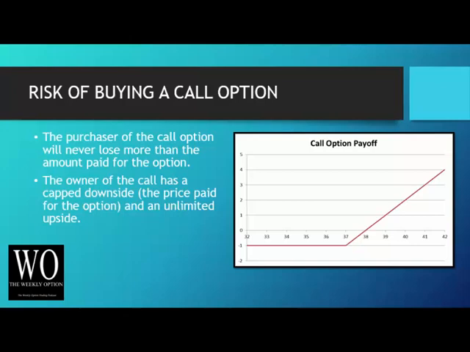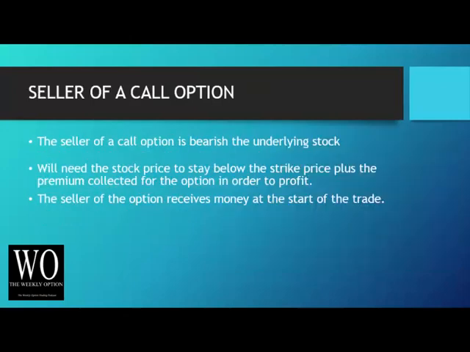The owner of the call has a capped downside, and that downside is only the amount of money you paid for the option. But they have unlimited upside, similar to owning a share of stock. If the stock goes up indefinitely, that option's value will go up indefinitely as well, as long as it happens before the option has expired.